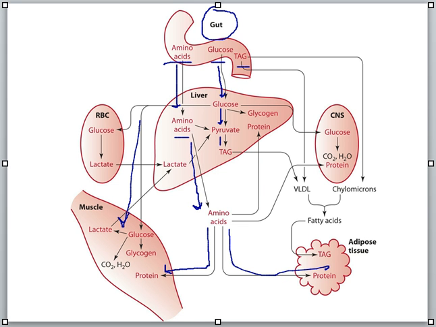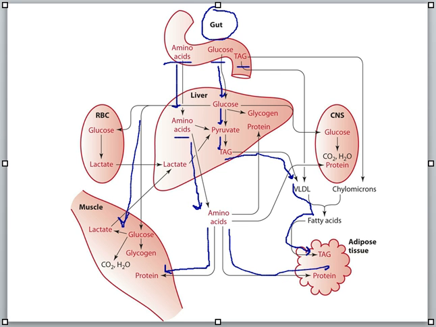It can be used to make triacylglycerols, which then can be transported out into circulation to either be stored in adipose tissue if we have excessive energy, so going down this route to make fatty acids, and then to store those triacylglycerols in adipose tissue. Or the lipids can be transported to other places in the body where they're needed. So again, it all is based primarily on what the body needs.